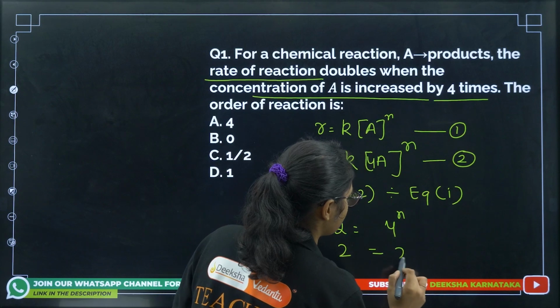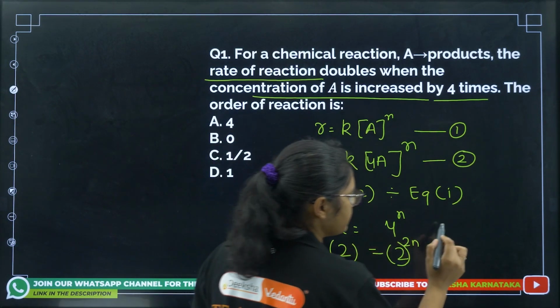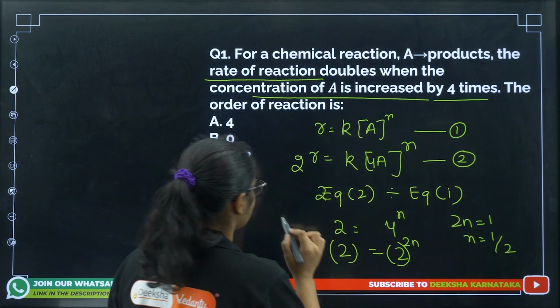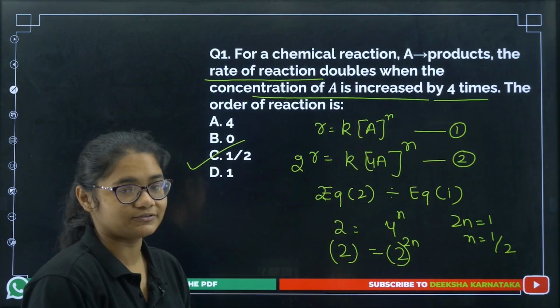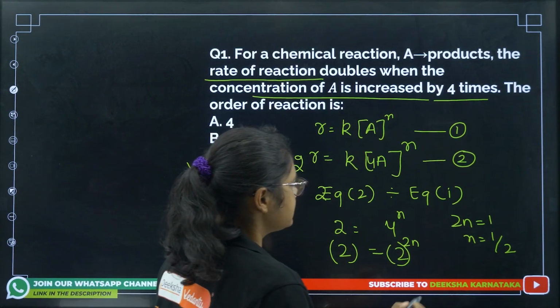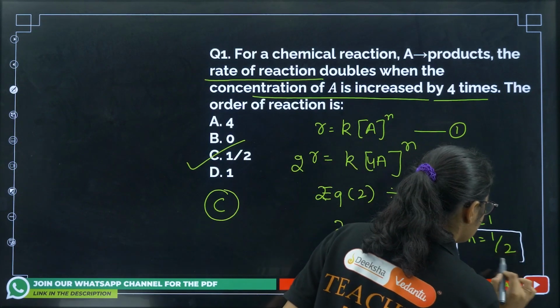So I can write 2 is equal to 2 to the power of 2n. If I solve it, 2n is equal to 1, so n is equal to half. So the order of the reaction is half. The correct answer for this question will be option number C. So I got the answer here, that is n is equal to half.